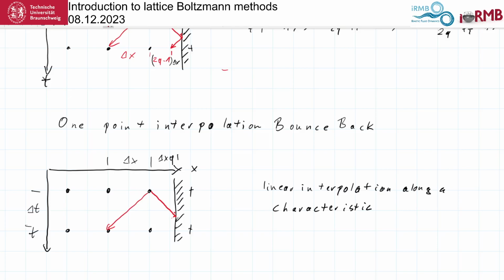Now, instead of trying to do an interpolation only in space, we do an interpolation in space and time. So basically we are connecting these 2 points. What we can say is that this here is delta x q, and also this is delta t q, right?